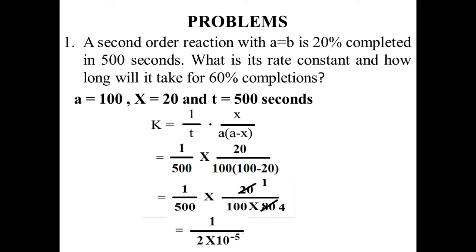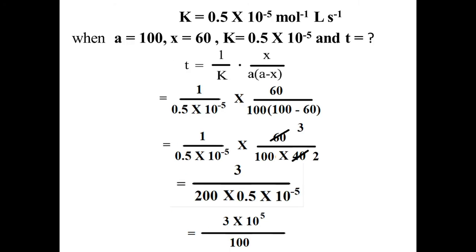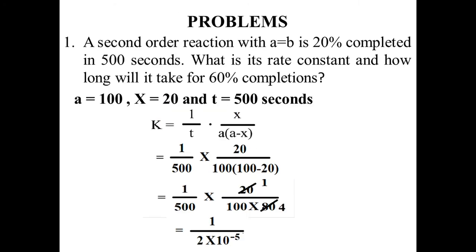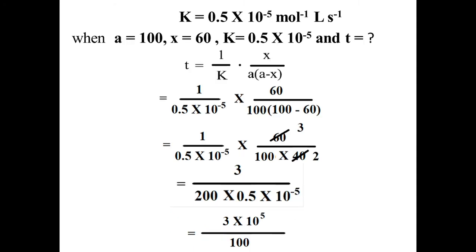Here 20 ones are 20, 20 fours are 80. In the next step, 1 divided by 2 into 10 to the minus 5. 1 divided by 2 gives 0.5. So the k value is k equals 0.5 into 10 to the minus 5 mole inverse liter second inverse. This is the k value.